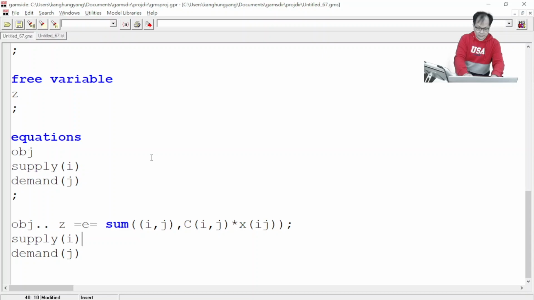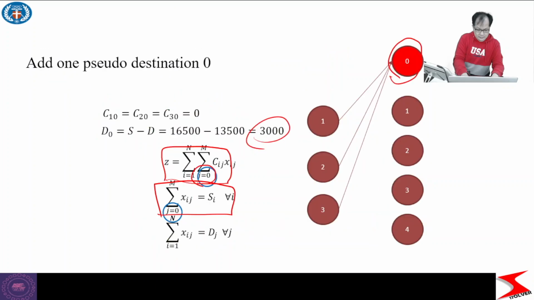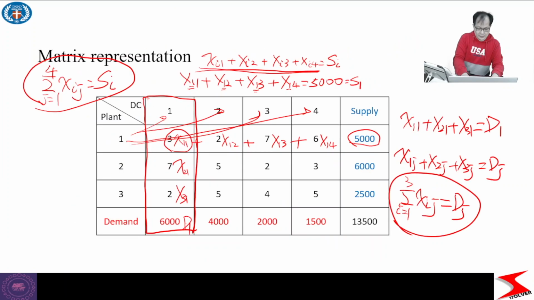And for the supply, we sum all the J of Xij together. You can refer to the matrix I tried to build in the mathematical model, the table, remember, here.